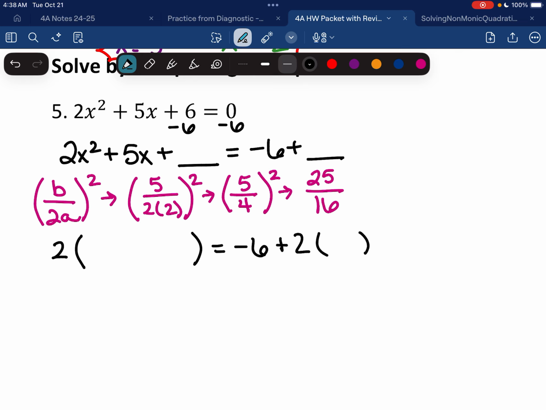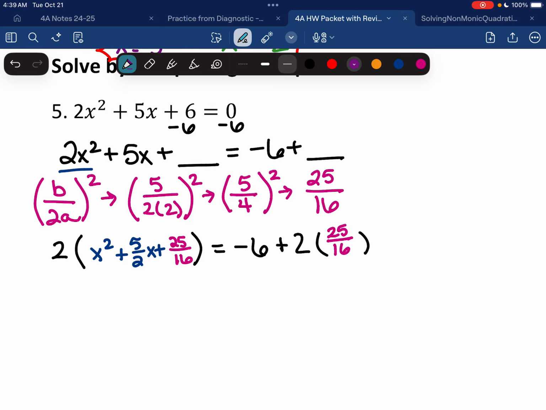So I would have 2x squared divided by 2, which will give me x squared. 5x divided by 2 is going to be 5 halves x plus the 25 over 16. And this would be the 25 over 16.